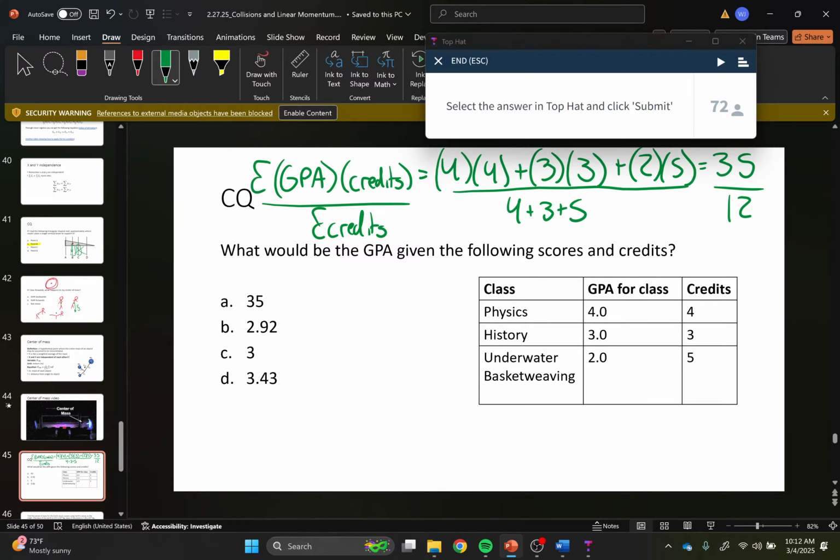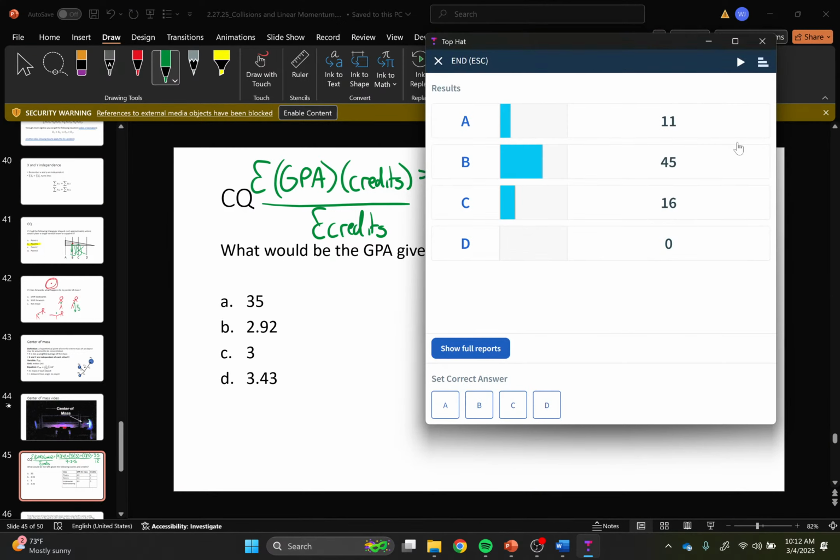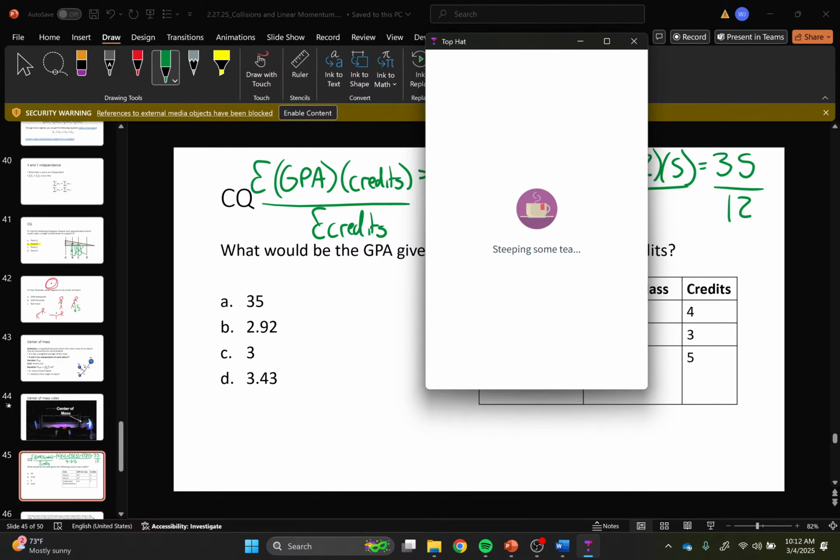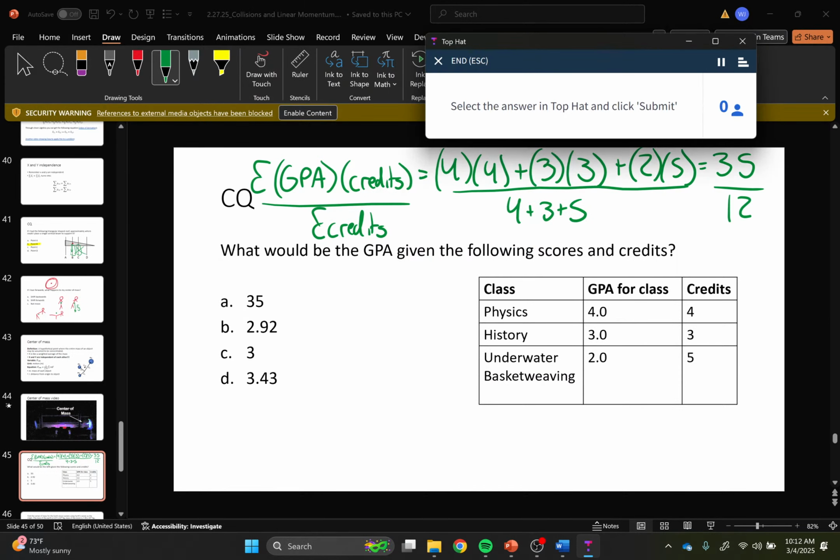So, I'm going to open this up. I hope everyone can get the right answer. We'll find out. Everything's there for you. It's just 35 divided by 12. And then I'll show you all the equation for center mass. I'll show you all a video about center mass, and that'll be it.